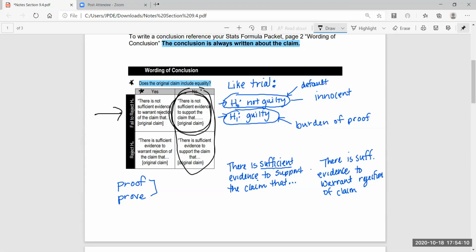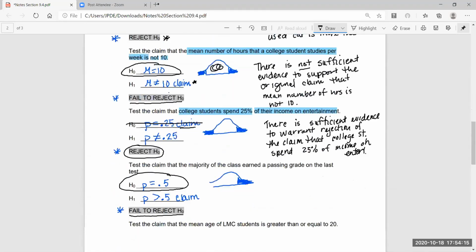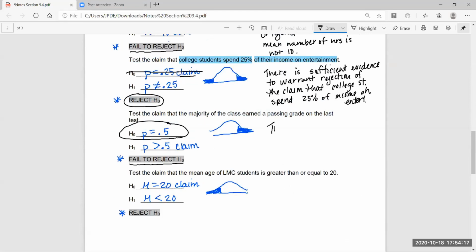There is not sufficient evidence to support the claim that, and then look at your claim.